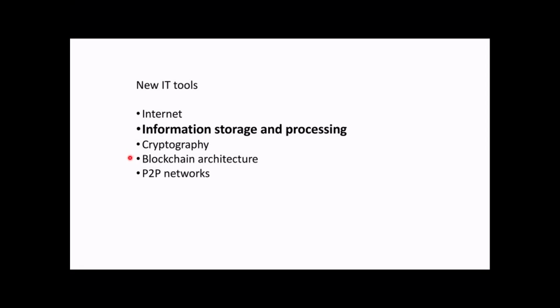And that needed a new type of architecture, a new type of algorithm that didn't exist before: the blockchain proof of work algorithm made this consensus possible between a big group of people with nobody in charge. And the last thing is that we finally also have these new peer-to-peer network systems.